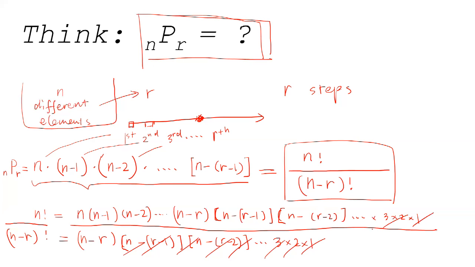So what's left there is a product from n, n minus 1 down to n minus r plus 1. Any questions? No.